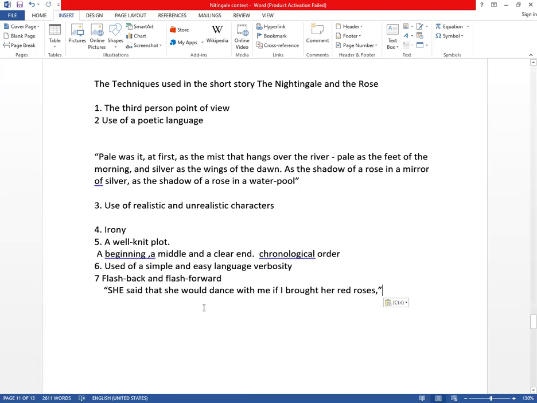Flash forward is the reference to a future event.